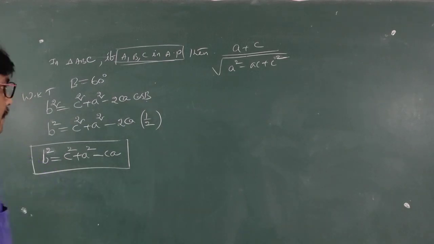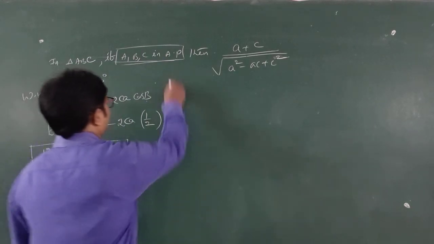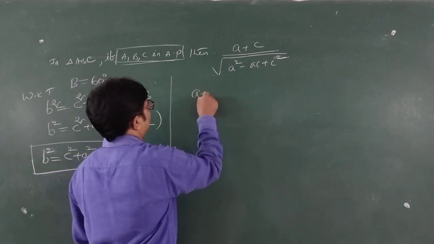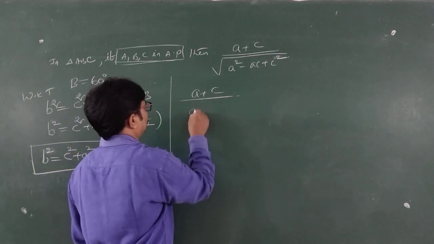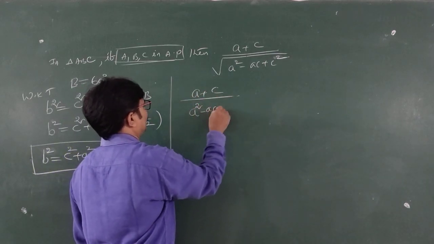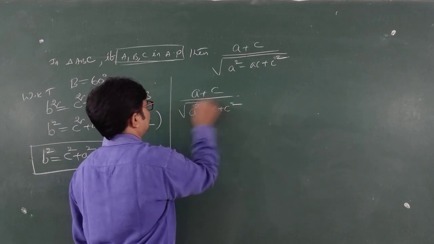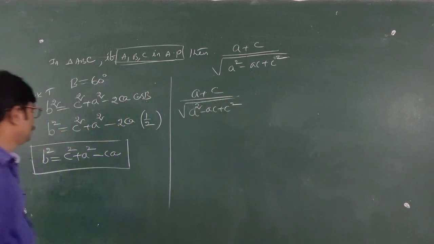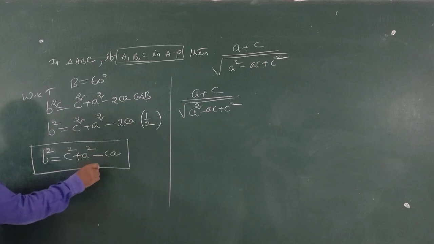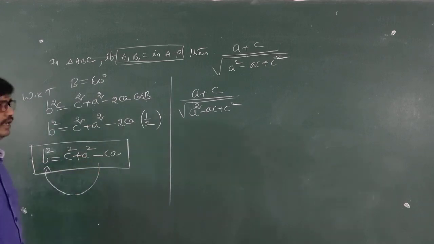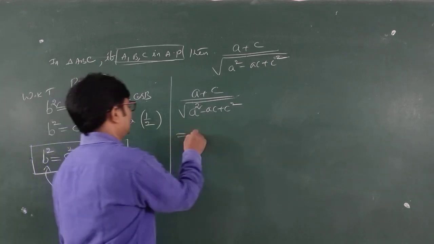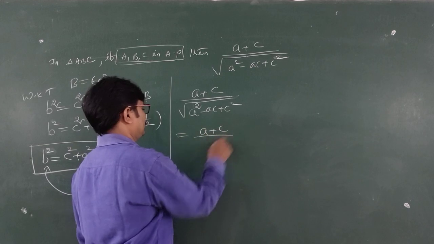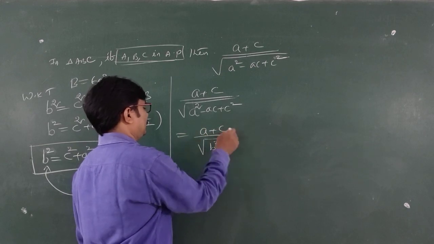Okay students, now how to write this: (a plus c) upon under root of (a square minus ac plus c square). This is, students, c square plus a square minus ac, which is b square. So this is (a plus c) upon under root of b square.